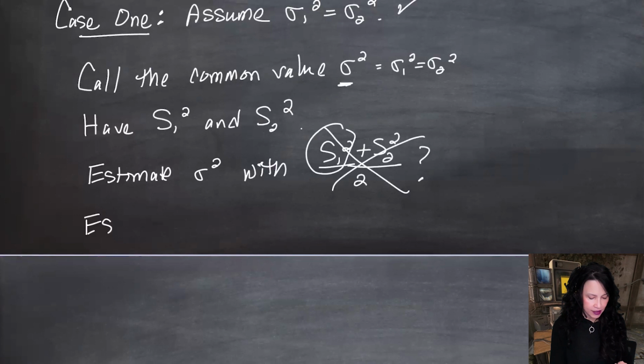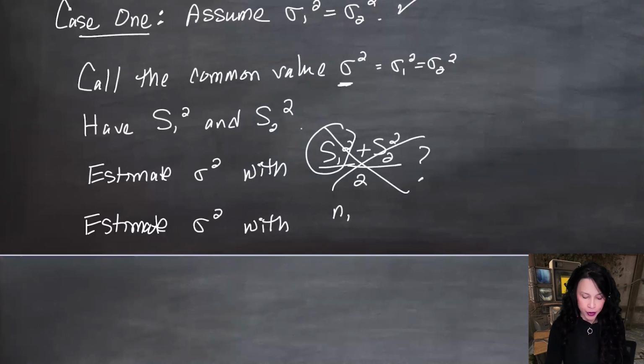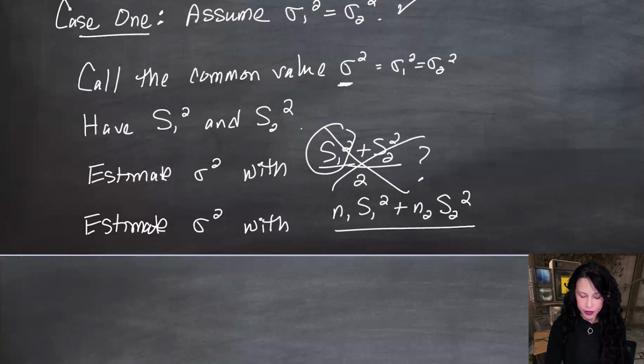A second idea would be to try to use some sort of weighted average, which will give the sample variance from the larger sample more weight. So something like n1 S1 squared plus n2 S2 squared over n1 plus n2.